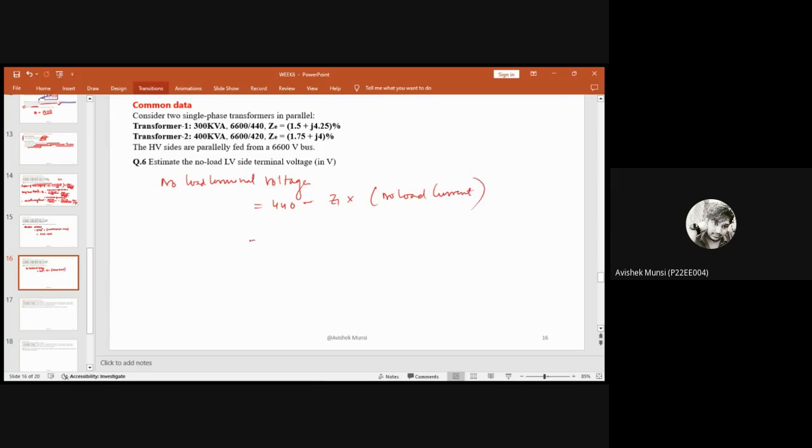Fine. So we calculated the value of Z1 previously at 0.00968 into the no load current, that is an angle of minus 68.91 degrees. If we solve it, it will be around 427.96 volt.